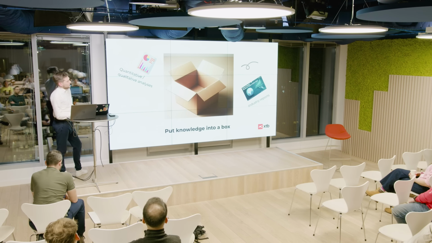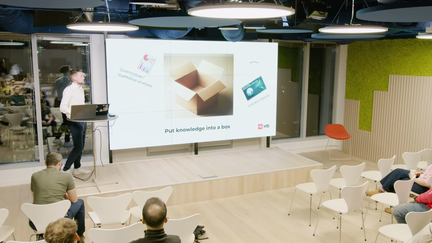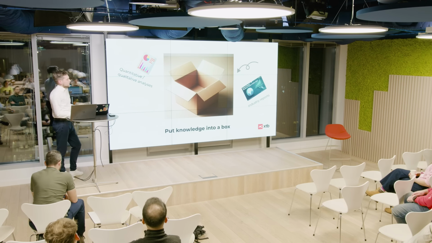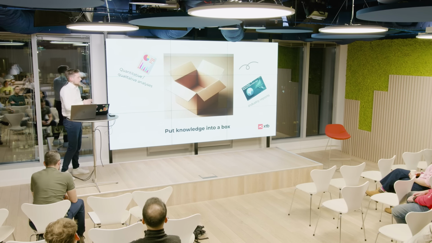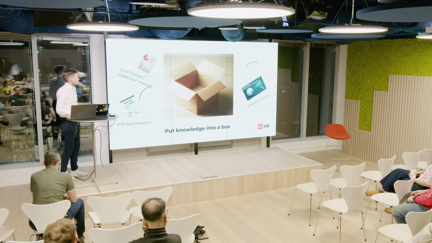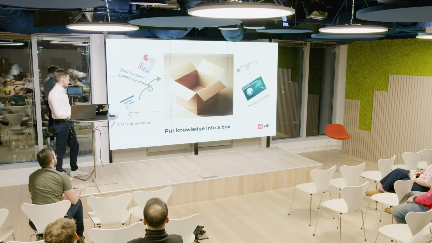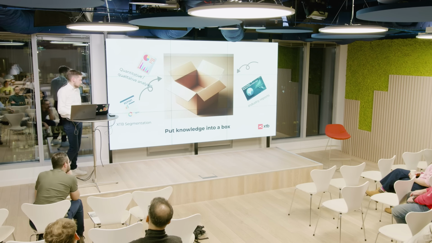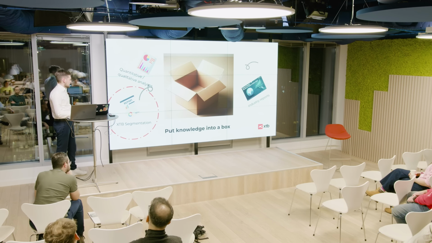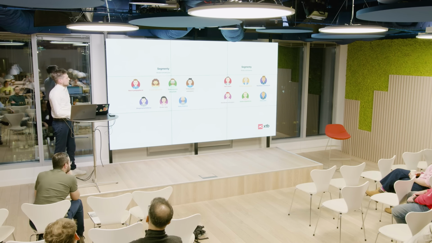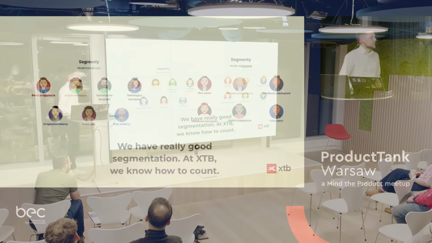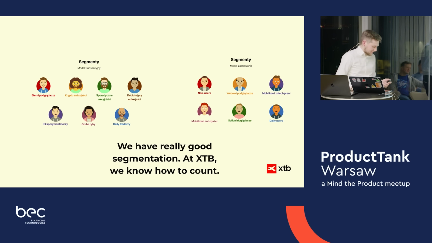We also got industry reports from the market about our segment of users in finance. And of course, we created our XTB segmentation and put it in our box. That's very important, because our XTB segmentation is something we are very proud of. We have really good segmentation because we are XTB, so we know how to count, obviously.